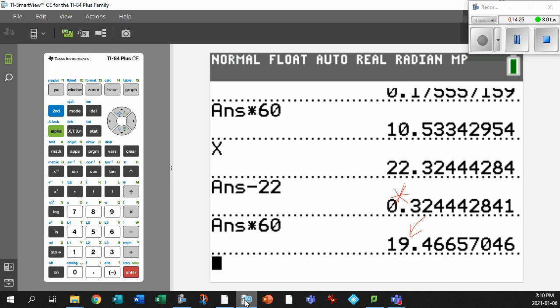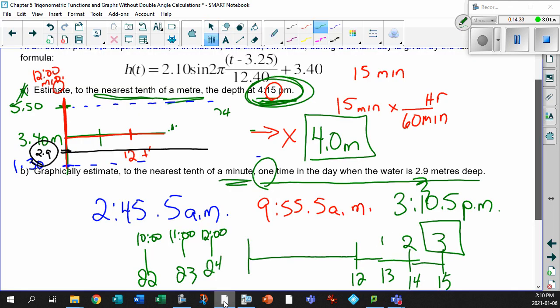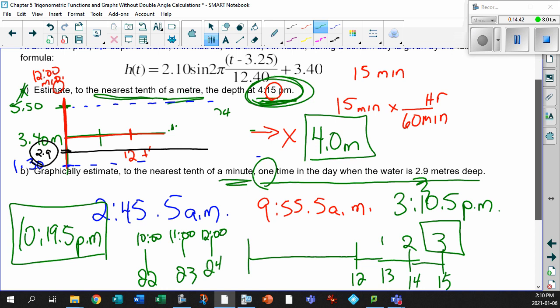According to the calculator, it's 10:19.5 in the evening. Look at that. That's how you do those 24-hour clocks. You've got to do the 24-hour clock because your calculator does not recognize a regular 12-hour clock. That's what makes this question a little bit more challenging.